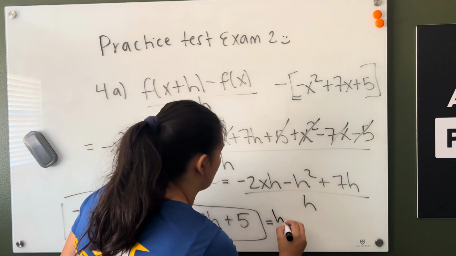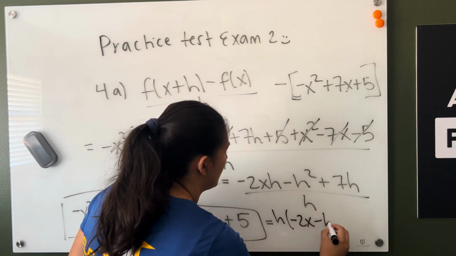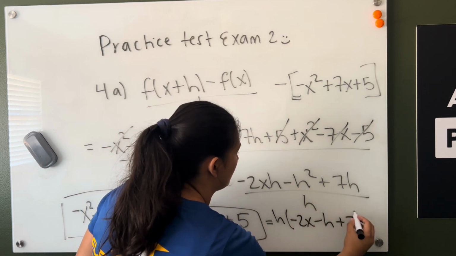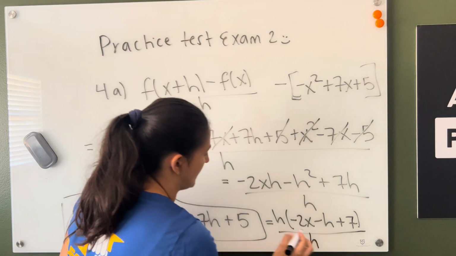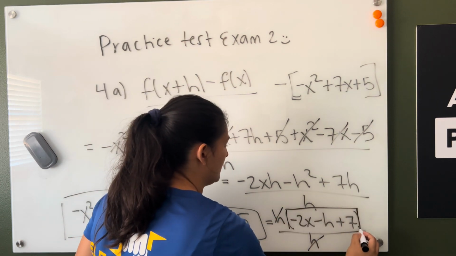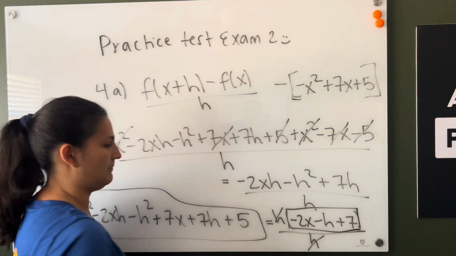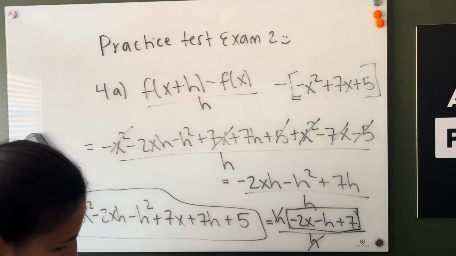I'm going to go ahead and pull the h out. So if I pull out the h, I'm left with negative 2x minus 1h plus 7. This is like taking out a GCF of h. And then since there's an h on the bottom, these h's will cancel, and I will have my final answer right here.